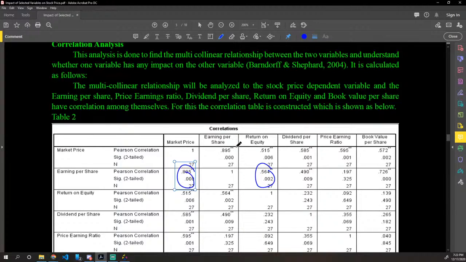Anyways, this is very near, so 0.895, 0.5 and so on. Dividend per share is this, earnings ratio is this, BPS is that, so it's 210, right?